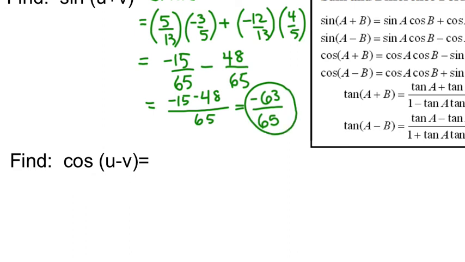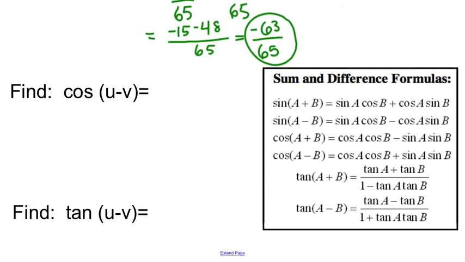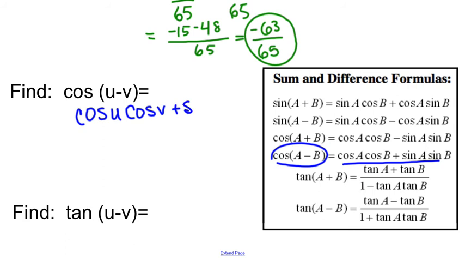What we can do is continue this problem by taking the cosine of u minus v, which would be this formula, and then substituting in the cosine of u, cosine of v, plus the sine of u, sine of v, and then substitute those fractions in.